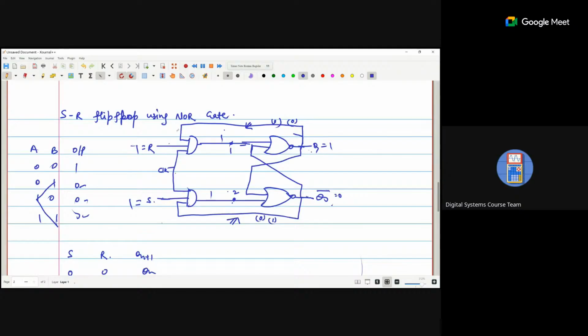It will be connected with the AND gate. So either it will be 1 or it will be 1. When this is 1, the other becomes 0. So point 1 and point 2 will never be 1 at the same time. If point 1 is 1, point 2 is 0. If point 2 is 1, point 1 is 0.